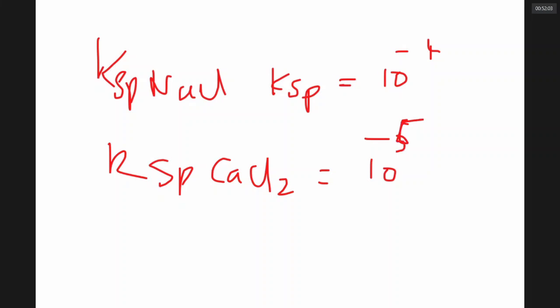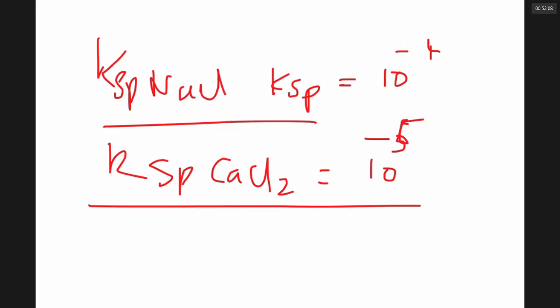So now which salt is more soluble in water? Is it NaCl or is it CaCl2? I can never judge the solubility by looking at solubility product. I can judge the solubility by looking at the solubility value.